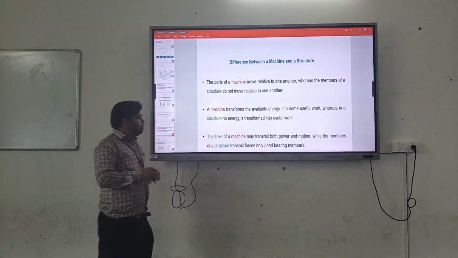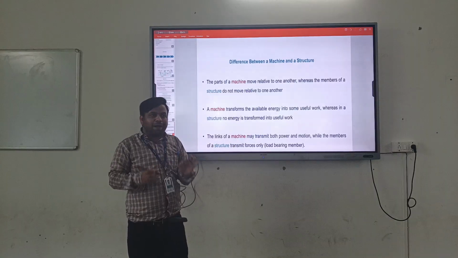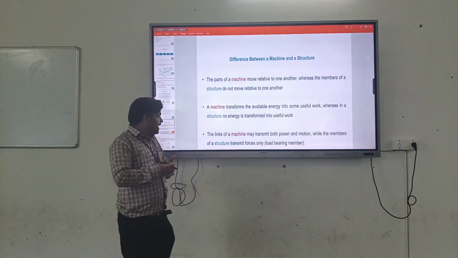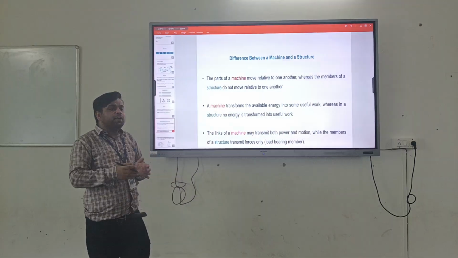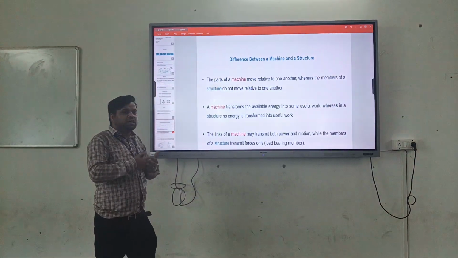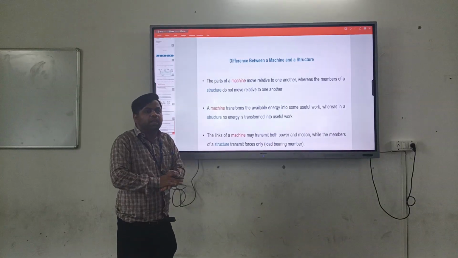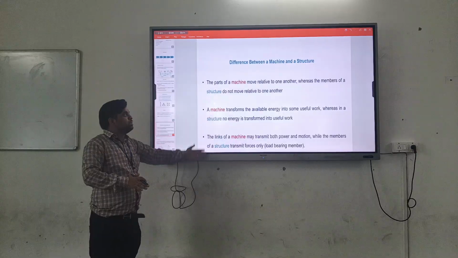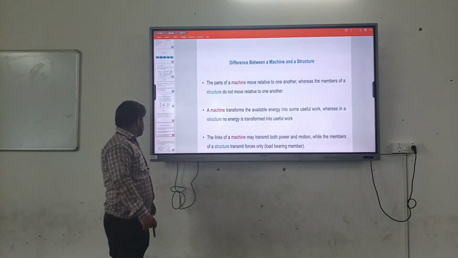And a link of a machine may transmit both power and motion, but a structure member does not carry any motion; it is only a load-bearing member. Now, a structure only carries the load; it does not have relative motion. So these are the differences between the machine and structure.